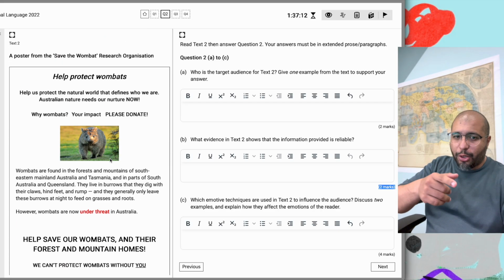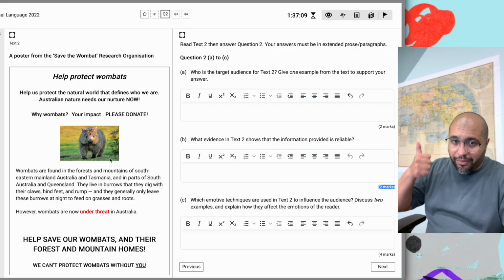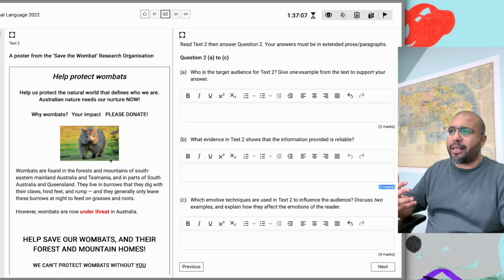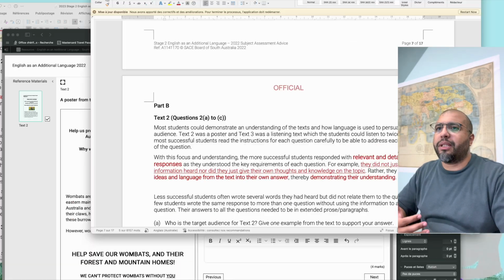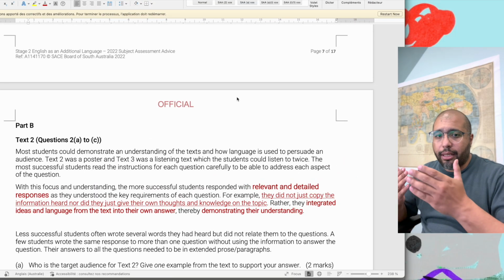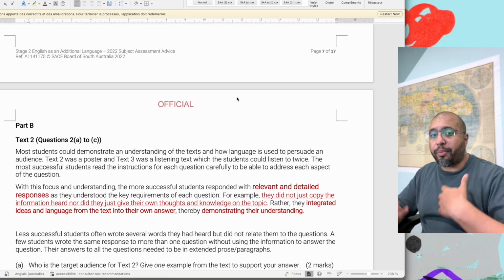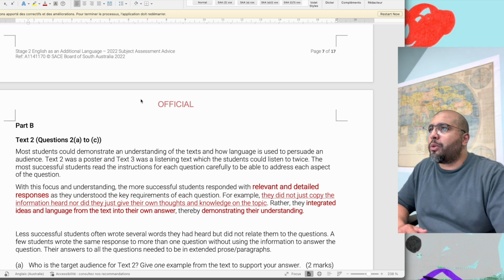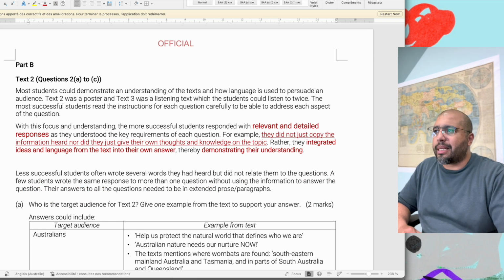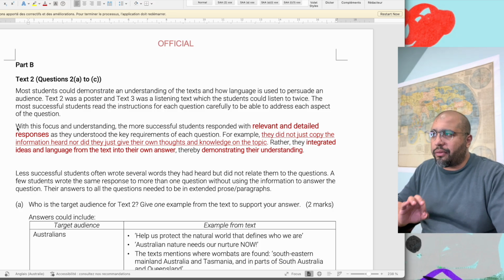And we also need to go back to the subject assessment advice, because that subject has really useful advice that we can benefit from when learning or when preparing for this exam. So when we go to the 2022 subject assessment advice, we find the following.